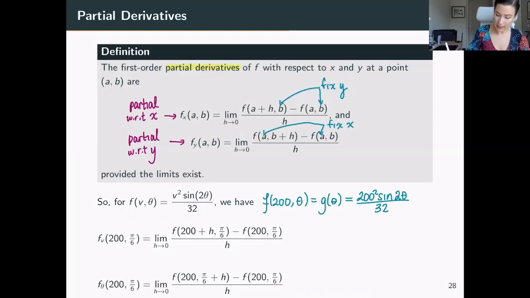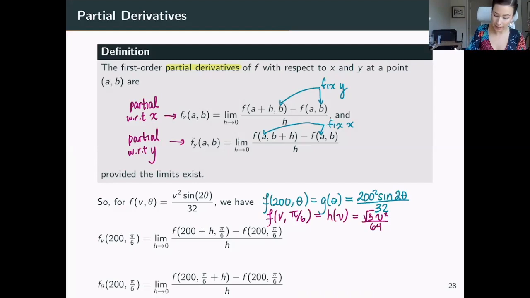And in the same way, f of v, pi over 6 resulted in a function of v, which was equal to, after some simplification, the square root of 3 v squared divided by 64.